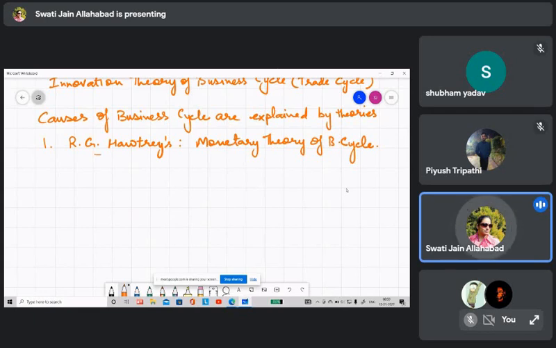So this theory says that business cycles or trade cycles are purely monetary phenomena. And this statement is very famous, you will find it everywhere. Every economic activity fluctuation is due to the change in money supply. As the money supply expands, the business cycle enters into expansion, prosperity, and boom phase. As the money supply contracts, there is a contraction in economic activities.